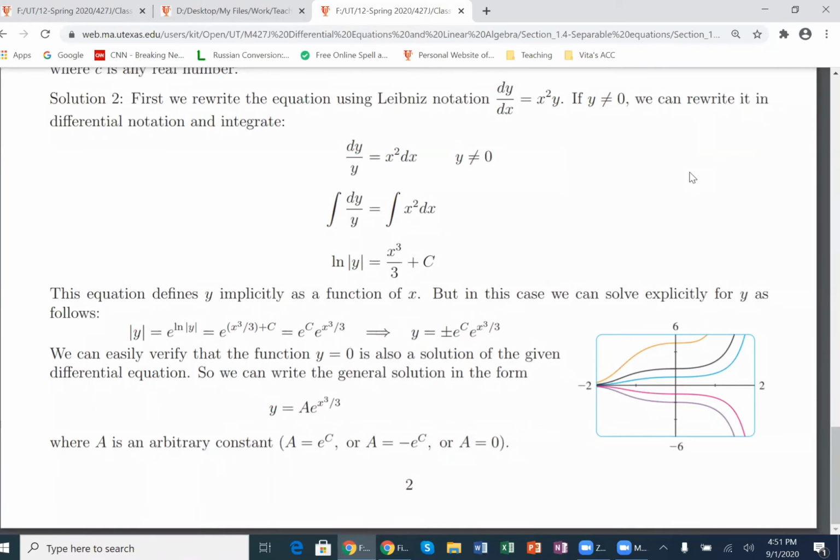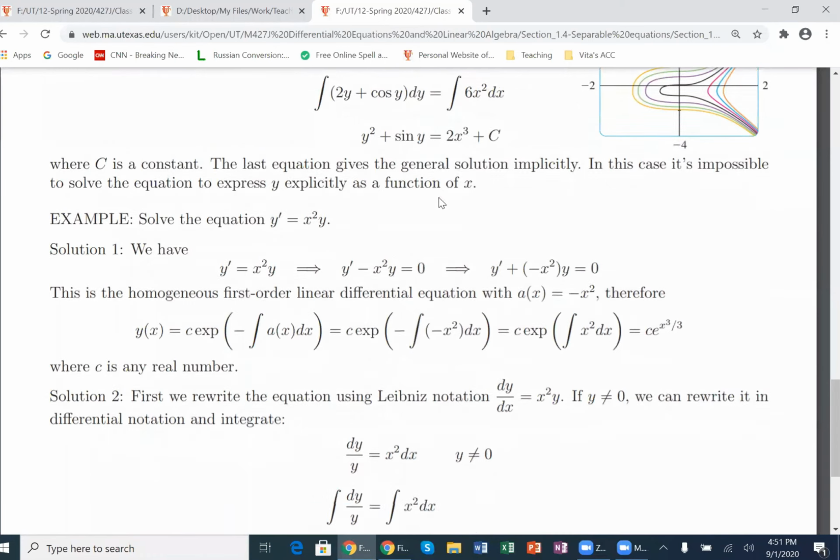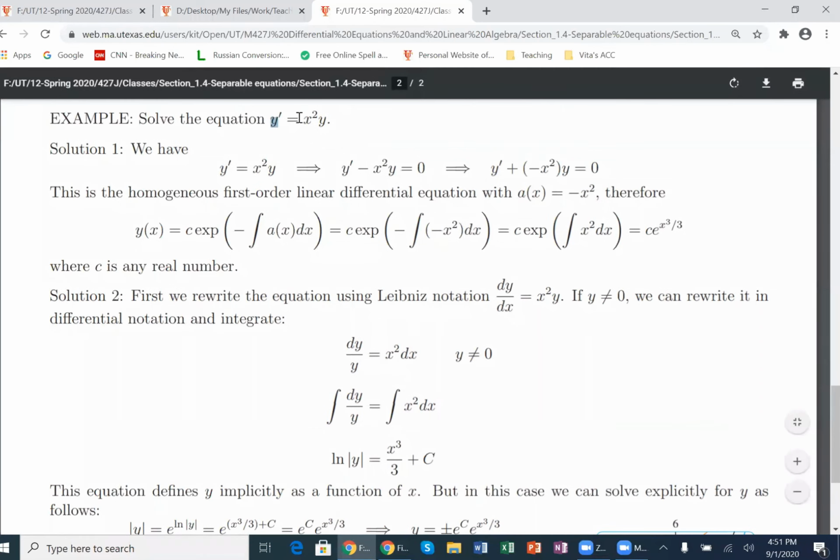You said you explained how integrating both sides is a non-trivial step. Could you explain what conditions need to be satisfied for that to always hold true, where you can integrate both sides? So the question is, how come we jump from here to here, correct? Right. Well, one way to think about it is the following. If you go back to this, move y to the left, we get y to the -1 times y prime equal to x squared, correct?